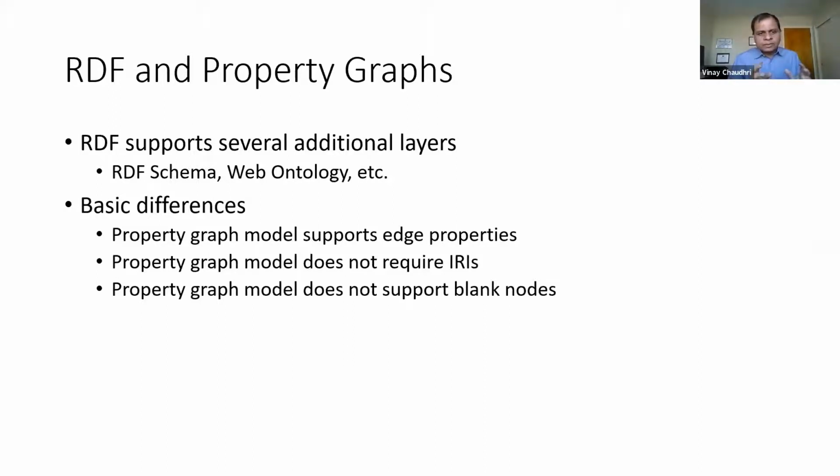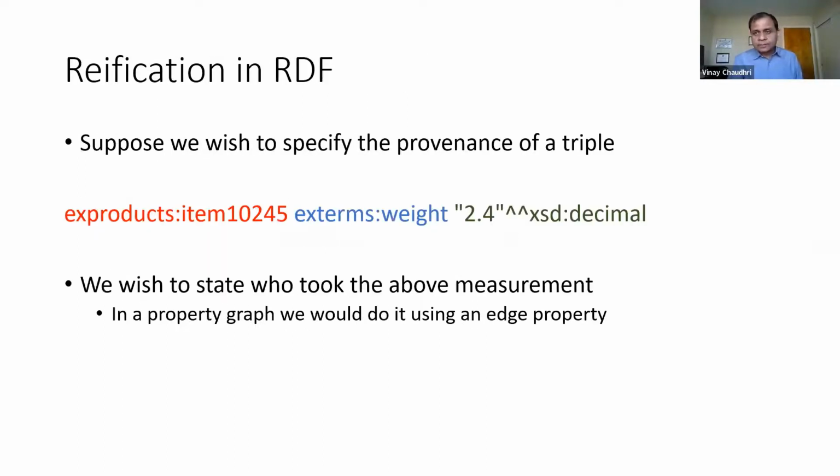Now, this difference about edge properties needs a little bit more elaboration because it's not as simple. The reason is that the need for edge properties can arise even when one is using RDF for data modeling. Here's one example. Let's say we have a triple in which we are saying that the weight of an item is 2.4, okay?